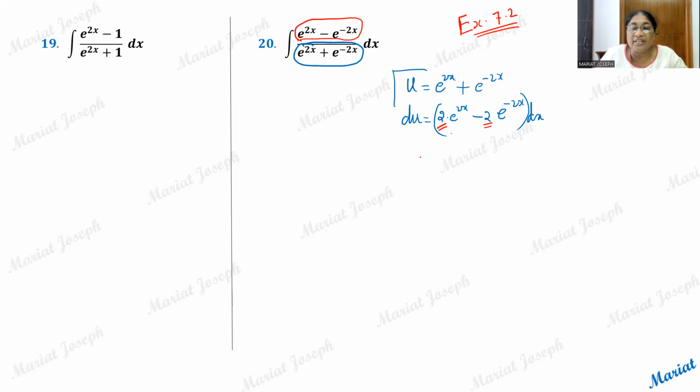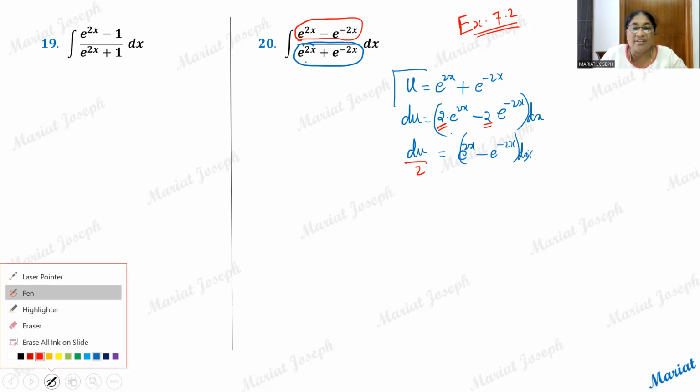So what do you do? Make it du by 2. Take that 2 to the denominator. du by 2 equal to e raised to the power 2x minus e raised to the power minus 2x dx, which is what we have there in the numerator.